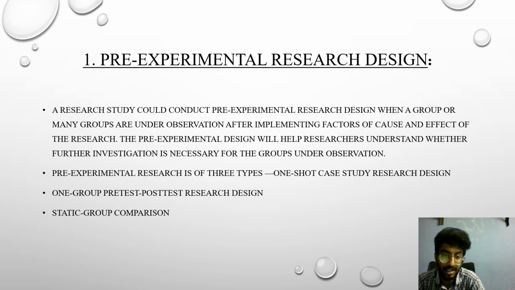A researcher could conduct the pre-experimental research design when a group or many groups are under observation after the implementation of factors of cause and effect of the research, and the pre-experimental design will help the researcher understand whether further investigation is necessary for the groups under observation.